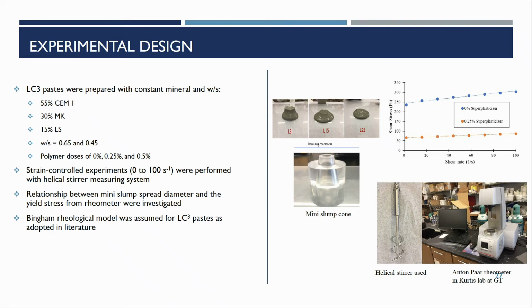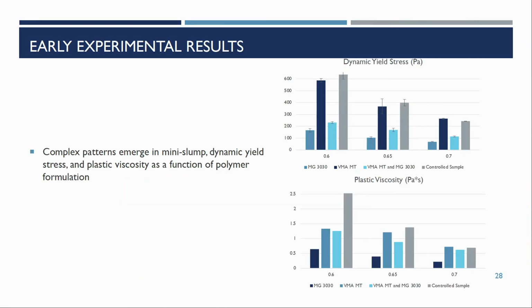We're going back to holding most of the cement composition constant and looking at different doses of these different polymers, and also looking at blends to see how well the model starts to predict, looking for synergies here.